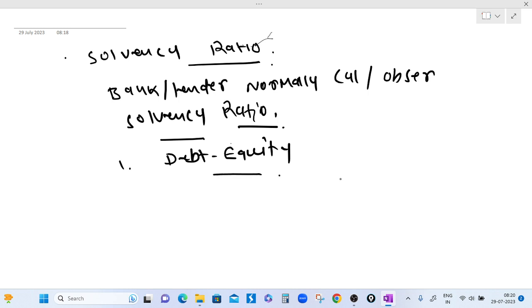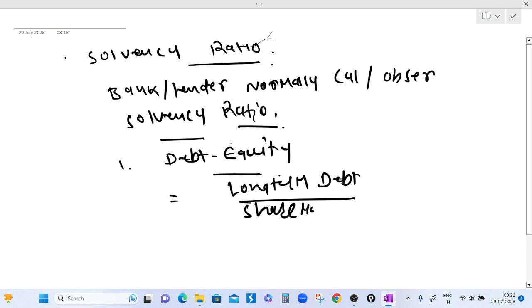The debt to equity ratio formula is long term debt divided by shareholder fund. Equity means shareholder fund.